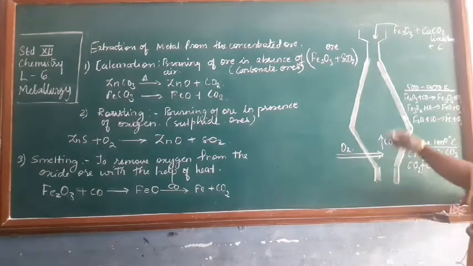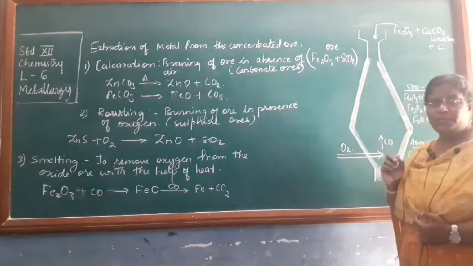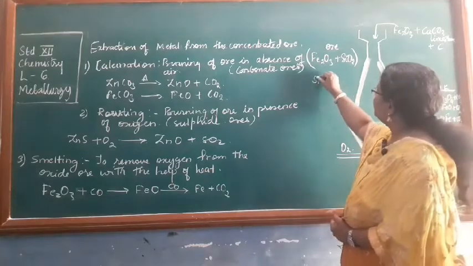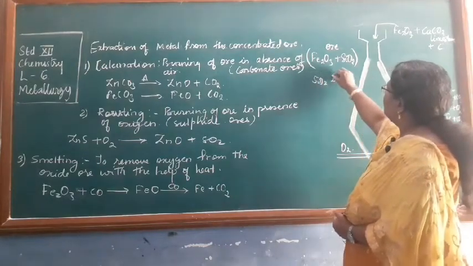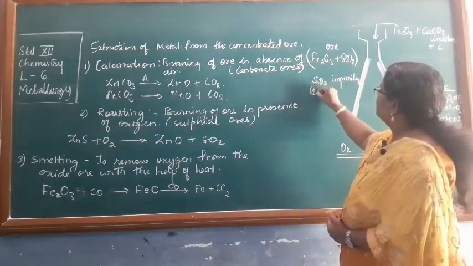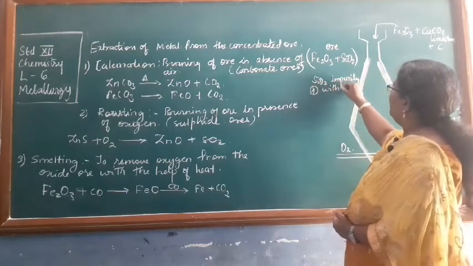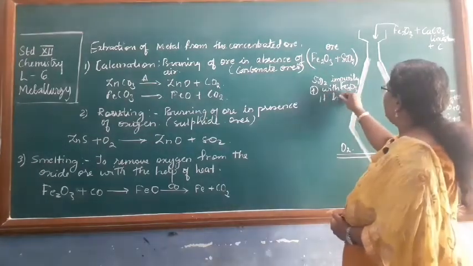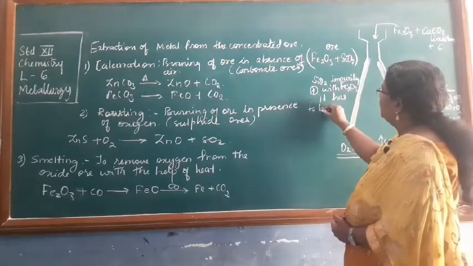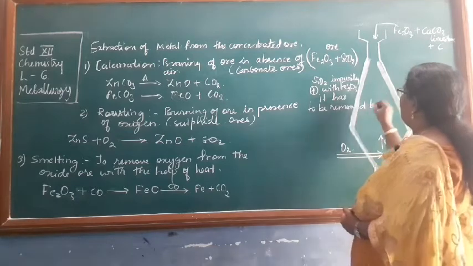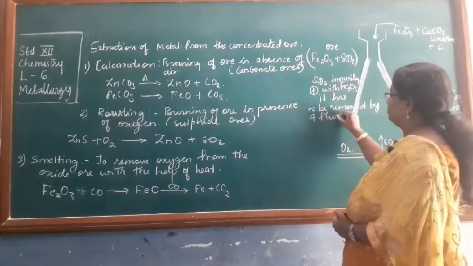Now that SiO2 has to be removed, isn't it? So that SiO2, the impurity present with Fe2O3, has to be removed by a flux.